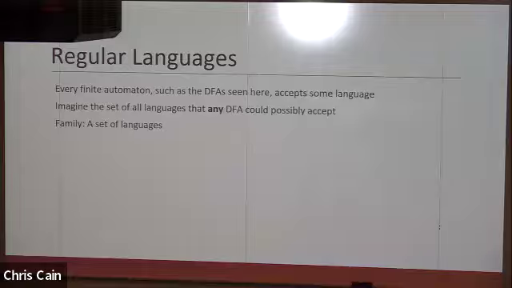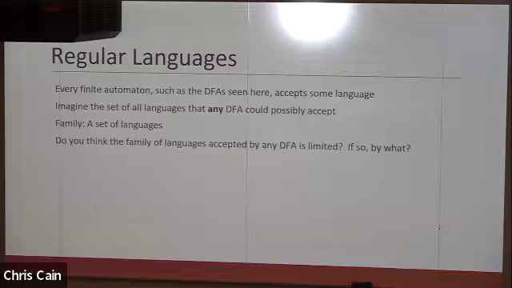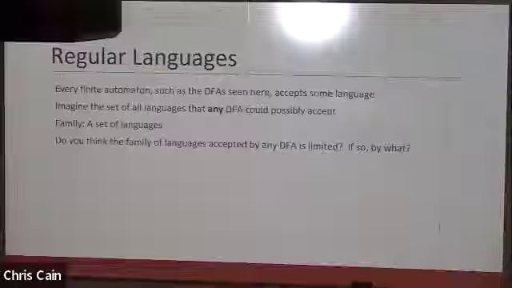We will define the term family of languages, those that are related by some efficiency metric or complexity metric. Is it limited? Is there a language out there that a DFA cannot recognize, no matter how complicated the construct?